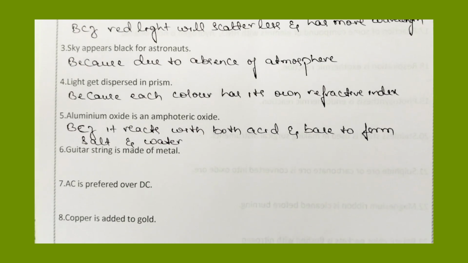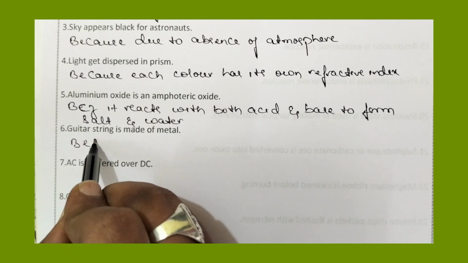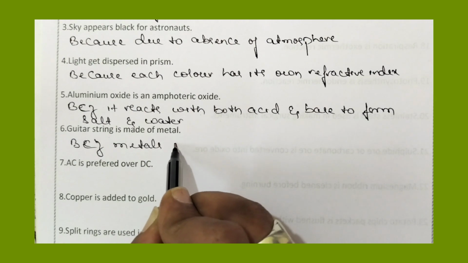Next, sixth one, guitar string is made of metal because metals are sonorous.